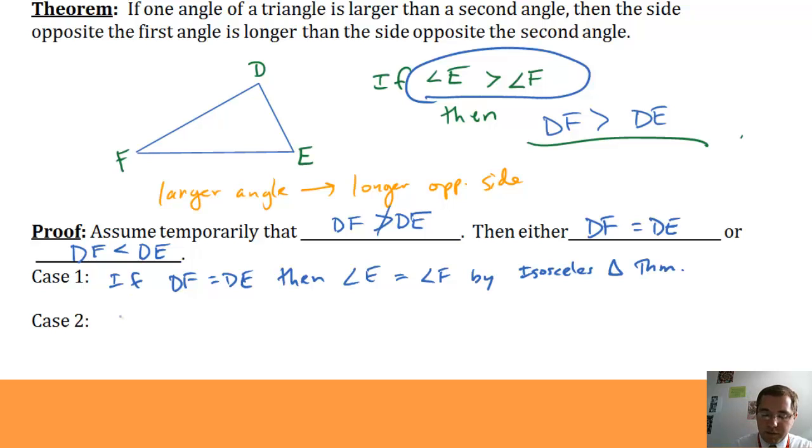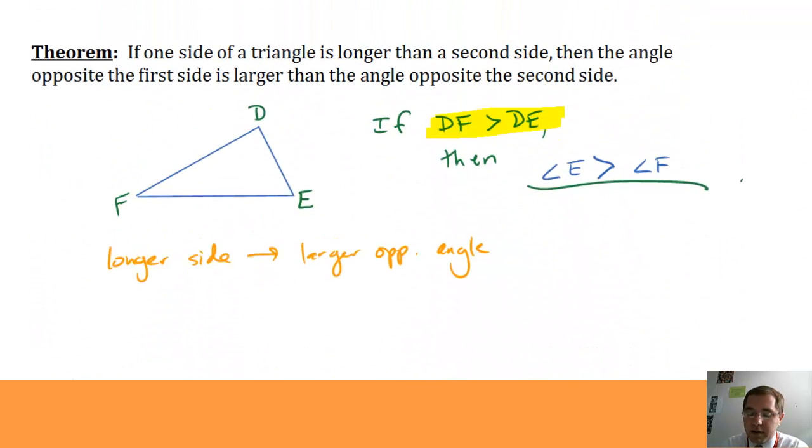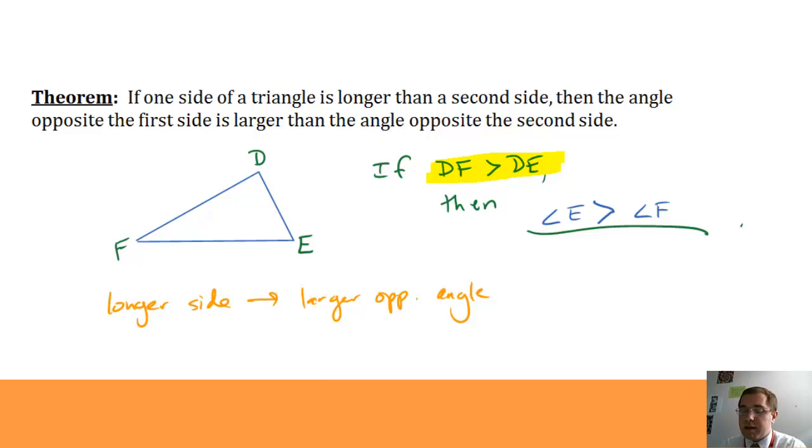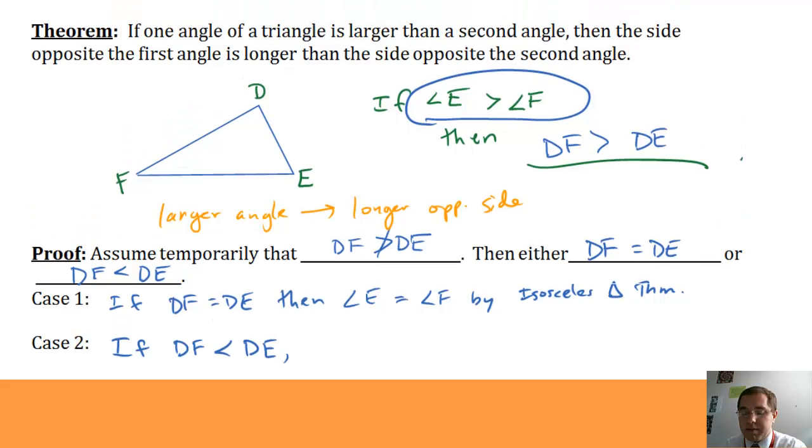The other case is our other possibility, which is if DF is less than DE. Okay, well, if DF is less than DE, then we have a triangle in which one side is greater than another, and we can apply this theorem that says the angle opposite that side must be greater than the angle opposite the smaller side.